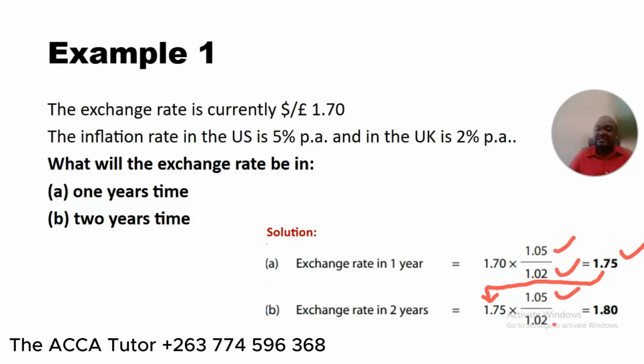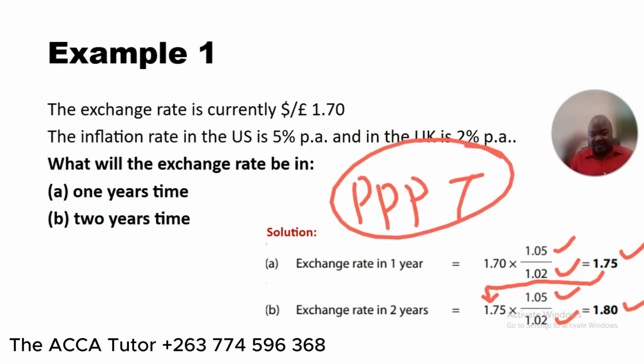This is why I say that you need to get the correct figures in their correct places the very first time. Then you get your answer there as your spot rate in year 2. So the purchasing power parity theory helps us to forecast those future exchange rates.